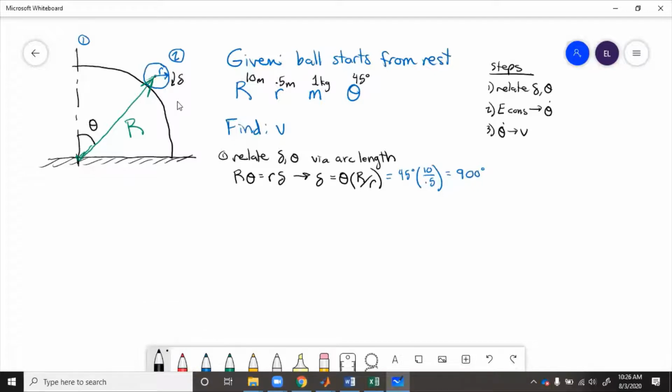Now, 2, conservation of energy. We need to get angular velocity theta dot, and then we can get linear velocity v. And just to clarify, v is the velocity of the center of mass of the ball.